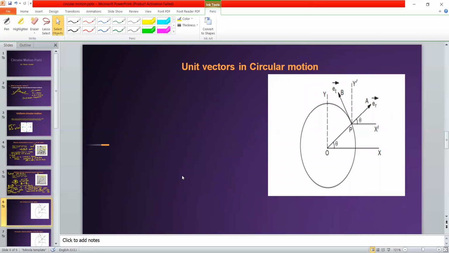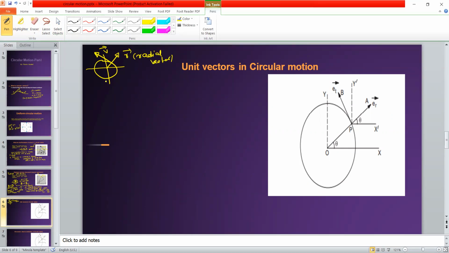Now we'll be taking the relationship at a more micro level. We have to understand in what direction this velocity will act and in what direction this acceleration will act. So I'm just drawing this diagram again. If the particle is moving, then this is the direction of velocity and this is the direction of the radial vector.